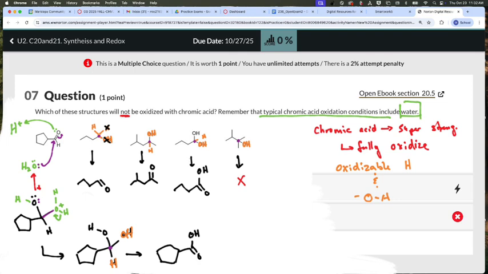And if that equilibrium is shifted that way, would I ever oxidize? And that is a very challenging question for the record. That's not an easy one. If that first step happens in such a tiny amount, would I ever actually oxidize? Would I ever end with the carboxylic acid?